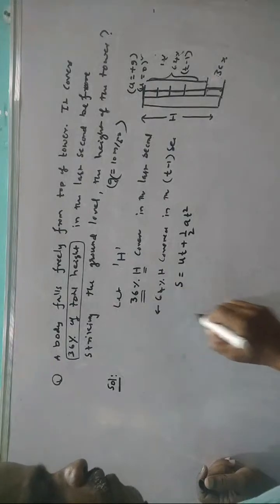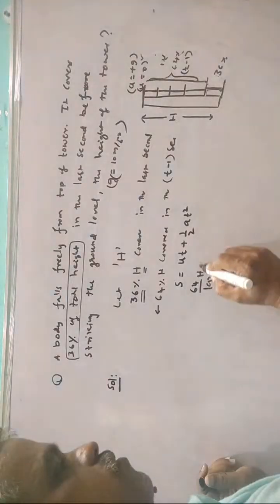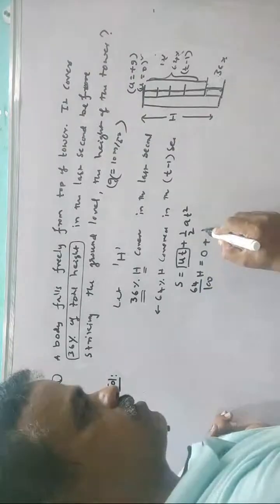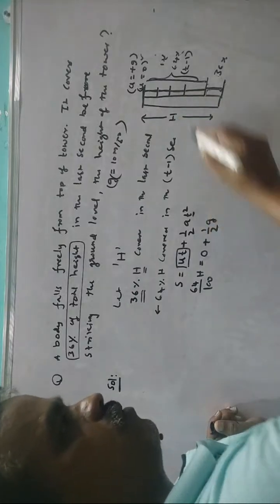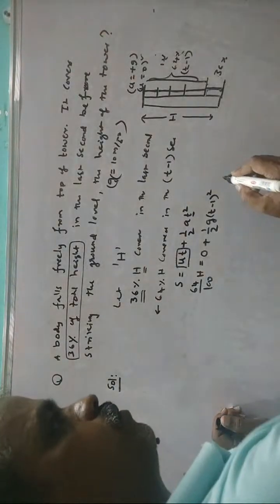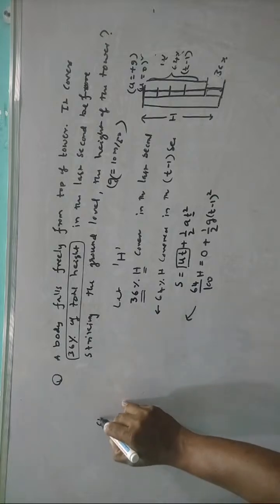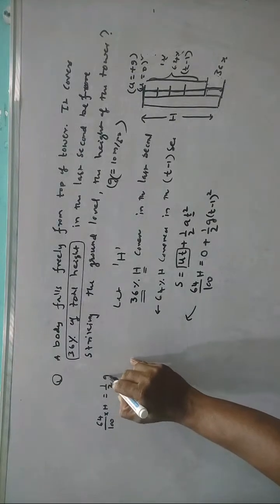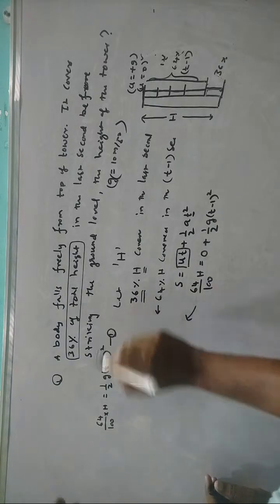So I am writing for this one first: 64 by 100 into h equal to initial velocity, for a freely falling body initial velocity 0, plus half g, t equal to t minus 1 square. So I am writing here 64 by 100 into h equal to half g t minus 1 square. So this is equation 1.